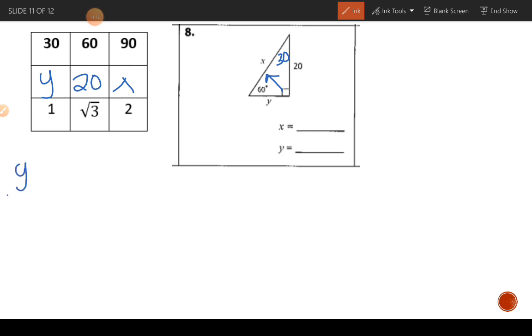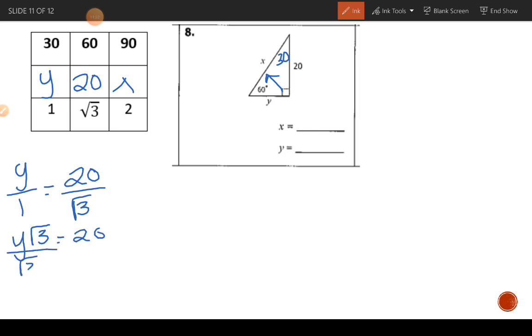So we have y over 1 is equal to 20 over radical 3. When we cross multiply, we get y radical 3 is equal to 20.